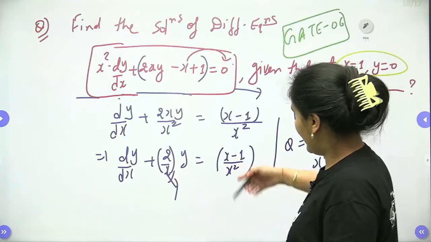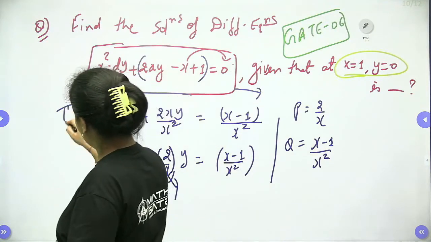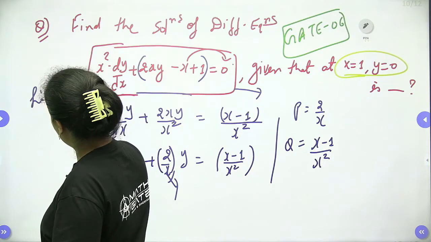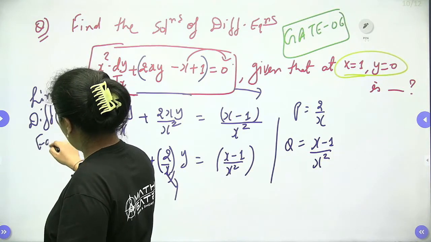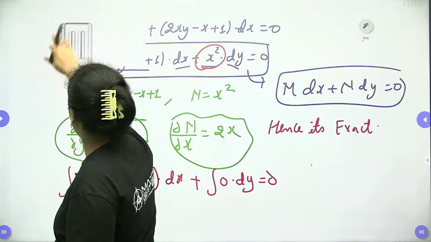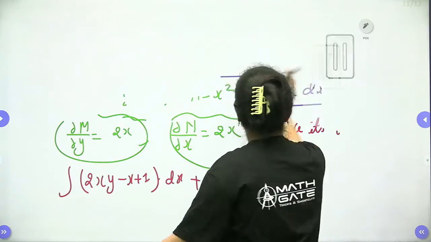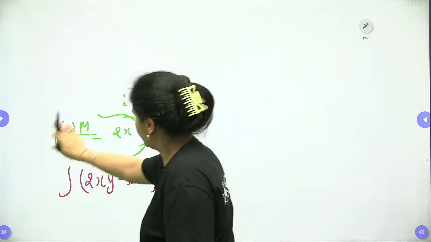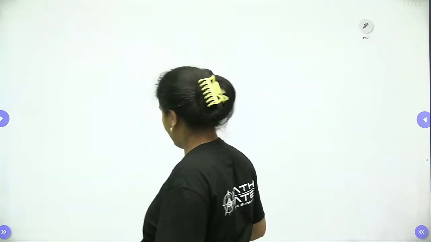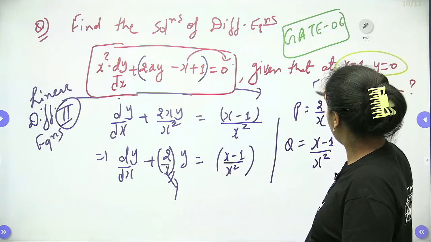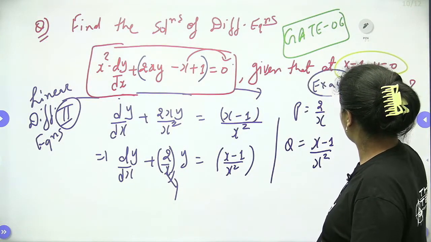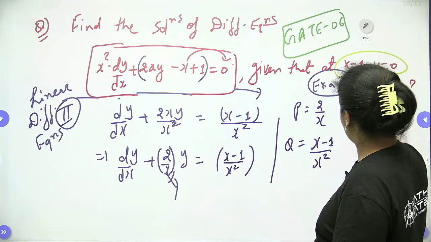If you want, you can find exactly the second method of this question, which we can go for with the linear differential equation also. Earlier I told you this question with the help of the exact differential equation.